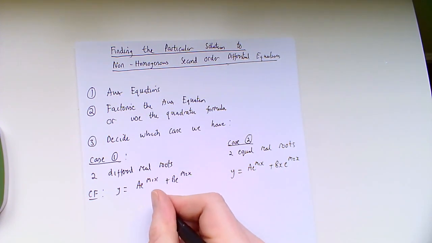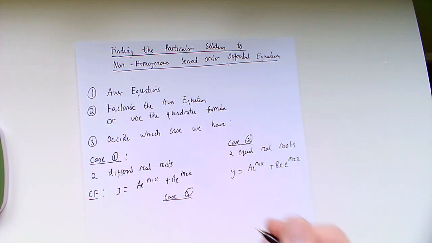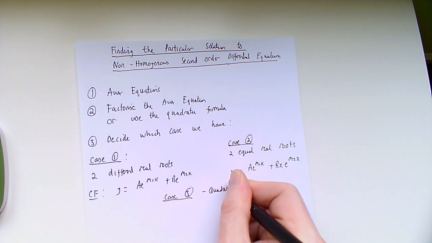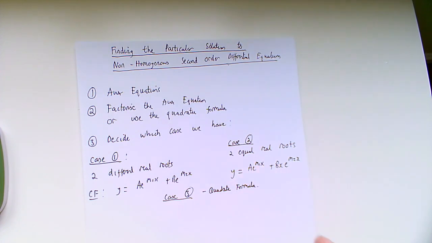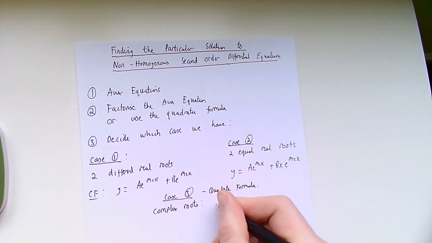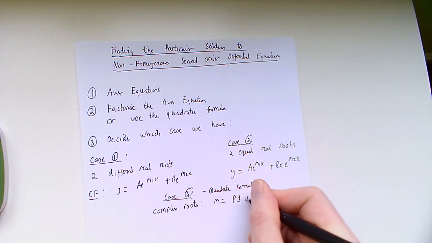And finally, case 3, and this is when we cannot factorise, so we're going to have to use a quadratic formula. That is when we have complex roots, i.e. m is equal to p plus or minus jq.